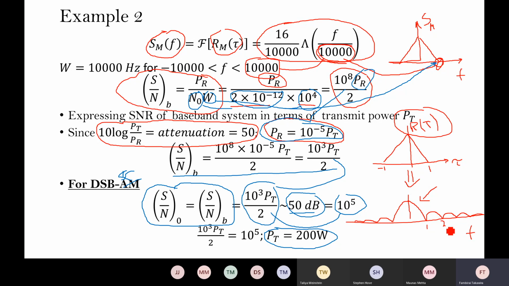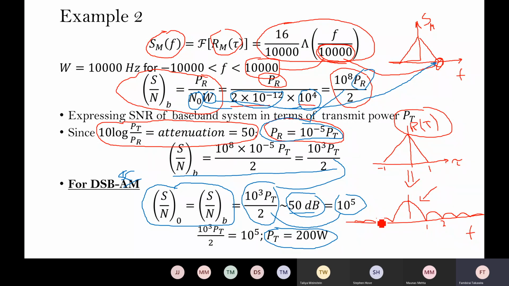Now, your signal in this case has essentially an infinite bandwidth, because sinc squared goes to infinity. But in a real system, you would not use an infinite bandwidth. So you would truncate this frequency response at some point, depending on how much distortion you want in the signal.